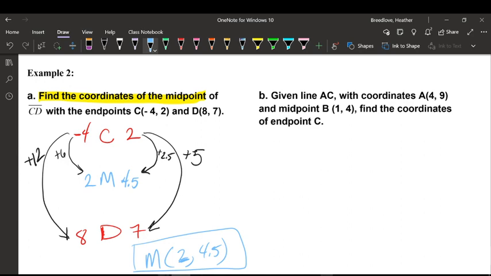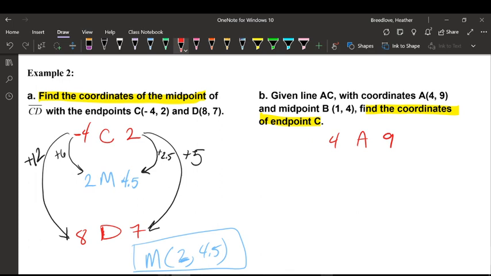All right, so this one says, given line AC with coordinates A and midpoint B, find the coordinates of the other endpoint C. That's why you can't just see what's there and do that trick, because this time I'm looking for the other endpoint. I have the midpoint. So when I set this one up, I still start with A at 4, 9.